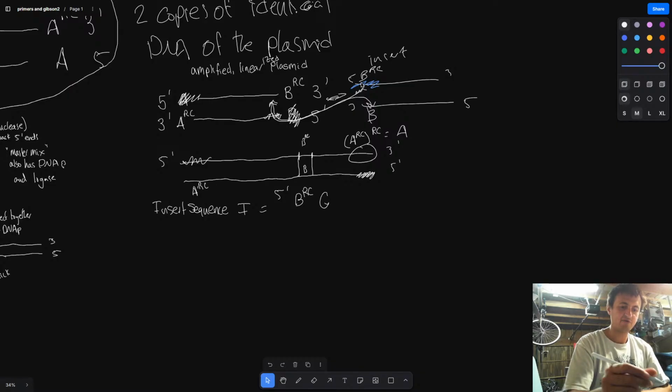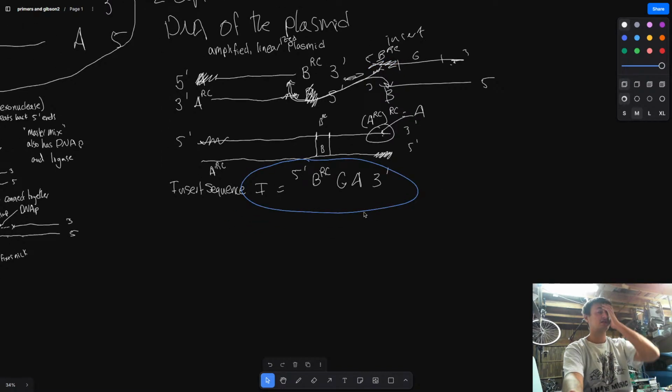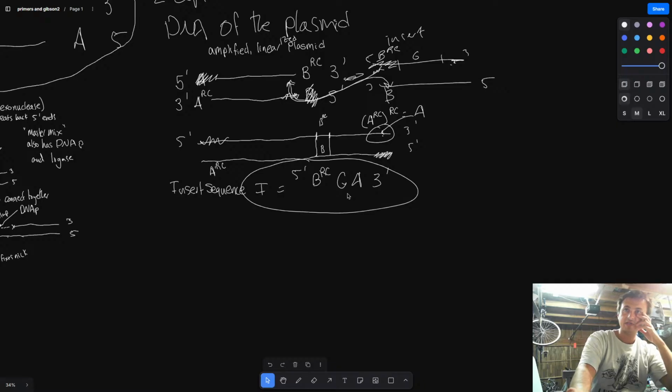Then G for our gene. And then here, what is this? This is A. So GRCA. We did it. So this is the sequence of, basically, the overlap that we need.